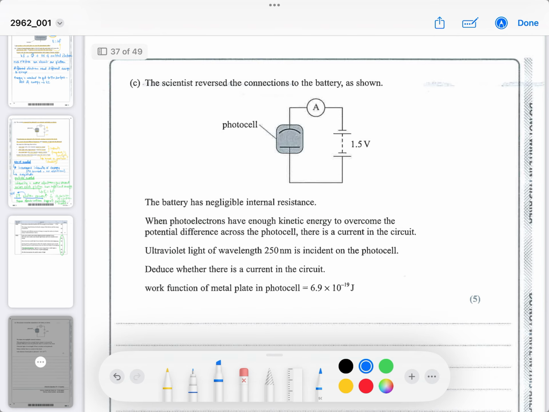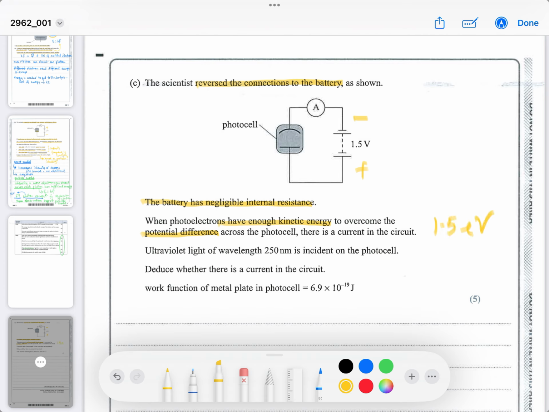Part C, which I think is the final part. Part C is scientists reverse the connections of the battery, so now they put the negative at the top. So obviously it's going to repel the electrons. The battery has negligible internal resistance, so you can ignore that. The photons need enough kinetic energy to overcome the negative potential difference across the photocell, which is 1.5 electron volts of energy.